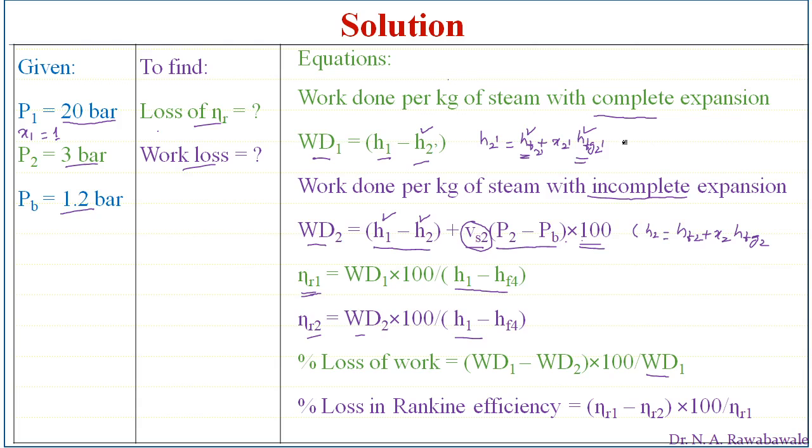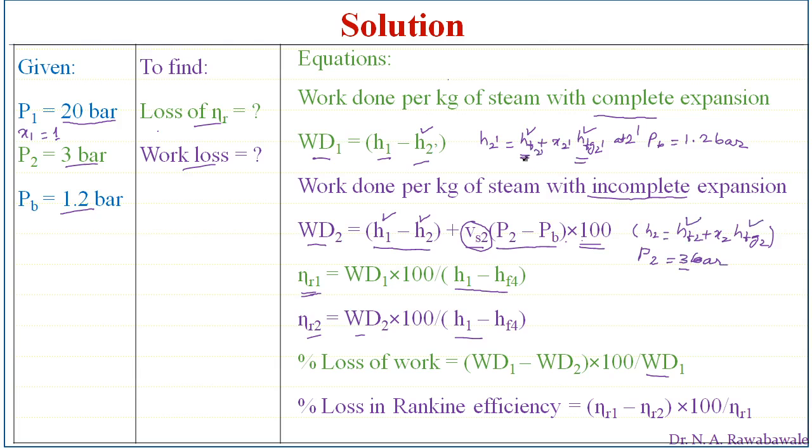So at point 2 dash, the pressure Pb is equal to 1.2 bar, and at point 2, the pressure P2 is equal to 3 bar. So this data HF2 and HFG2 can be taken from the steam table at 3 bar.